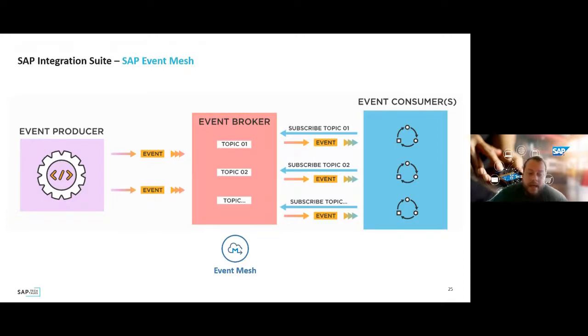But Lucas, I already have Kafka, for example. Why do I need Event Mesh if my company already has Kafka? Event Mesh can completely work together with Kafka if we are looking, for example, for a decentralized event broker.